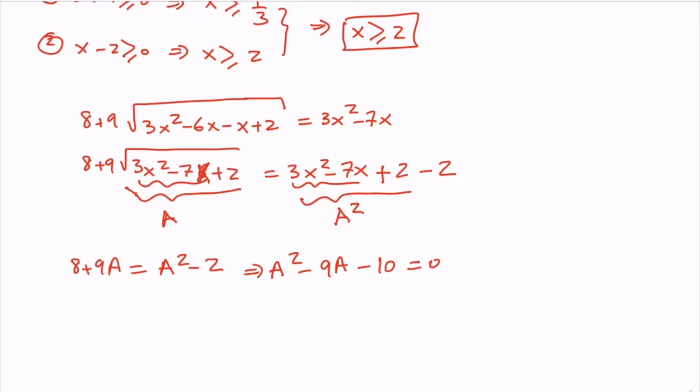And from here we see that the sum of the coefficients of a squared and minus 10 is equal to minus 9. Therefore one of the roots is minus 1 and the other root is minus 10 divided by 1, which is plus 10 divided by 1, which is 10.